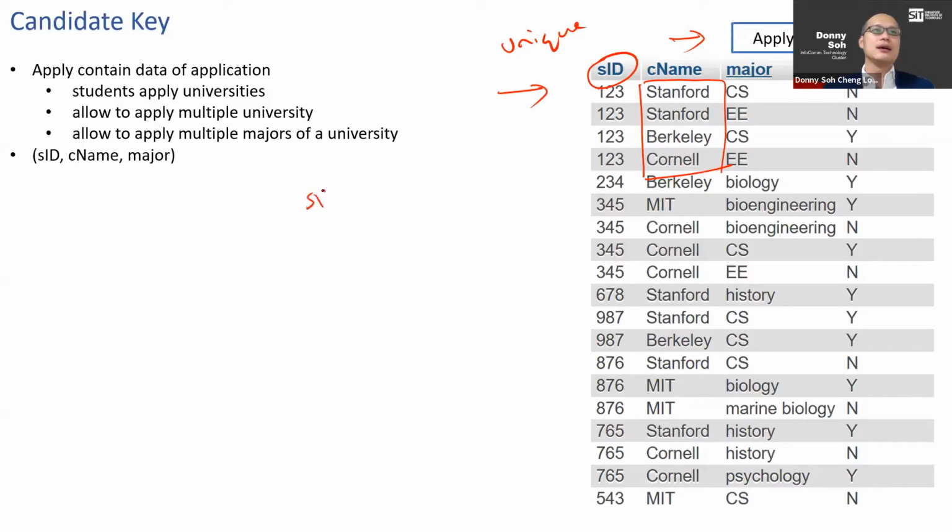So SID by itself cannot be a candidate key. And SID with CNAME also cannot be a candidate key. Why? Because we have two Stanford applications there, because student 1, 2, 3 applied for two majors in Stanford, both computer science and EE.